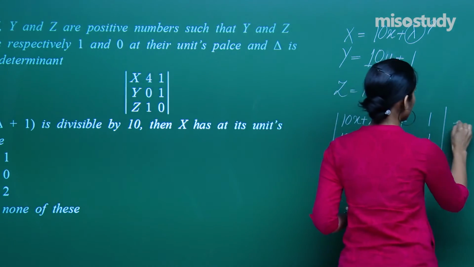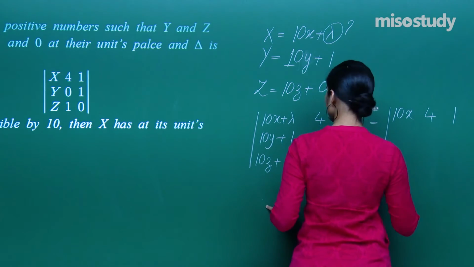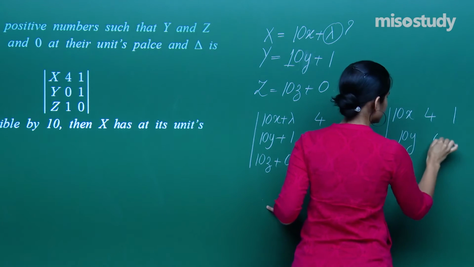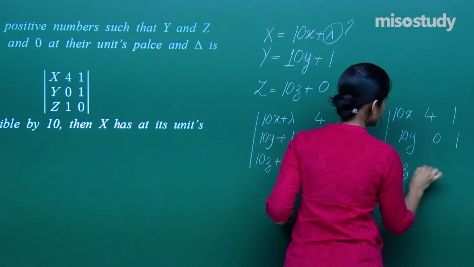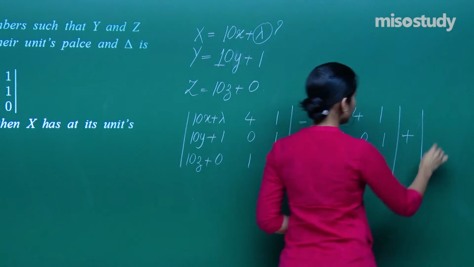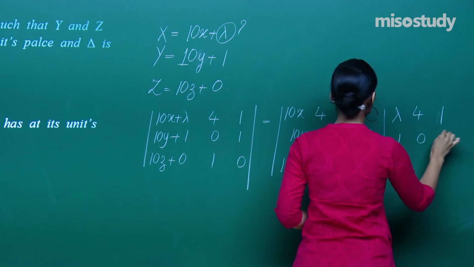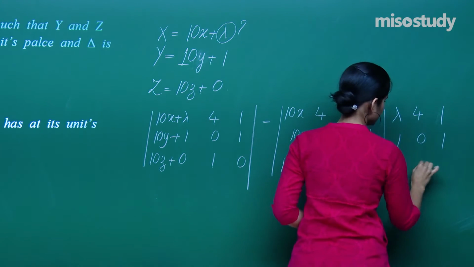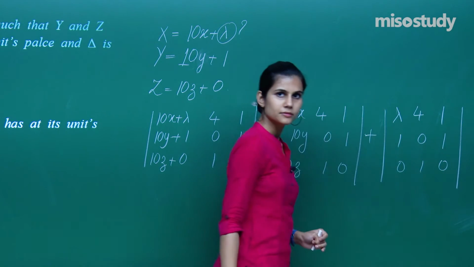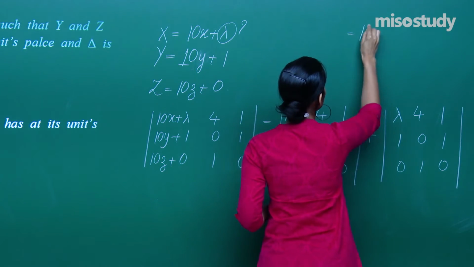I can break this up as 10x, 4, 1, 10y, 0, 1, 10z, 1, 0 plus lambda, 4, 1, 1, 0, 1 and 0, 1, 0. Clearly from here you can see I can take out 10 common.